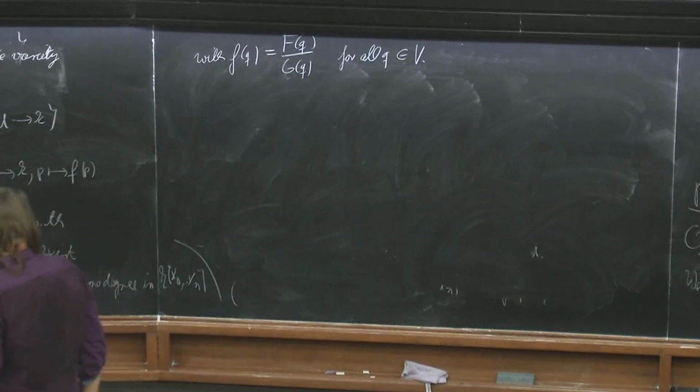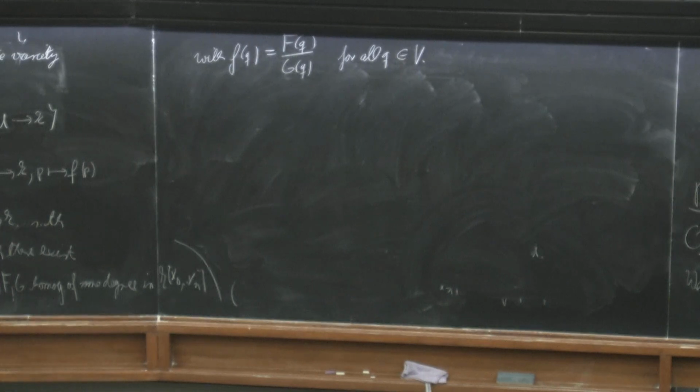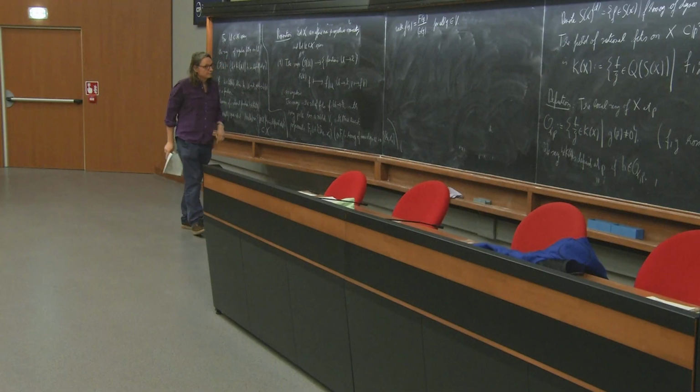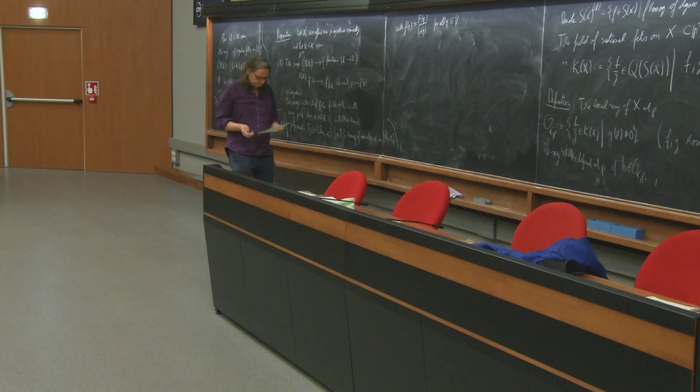So every point has a neighborhood such that the function is given as a quotient of these polynomials.